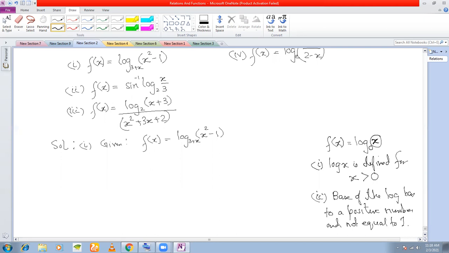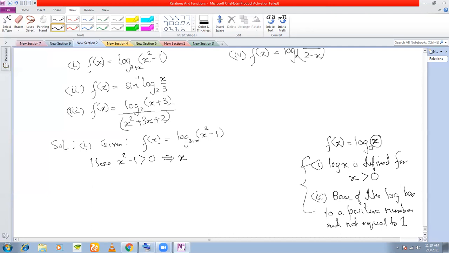If these two restrictions are satisfied, then your log will be defined. You can find the value of log. Now coming back to the problem, we have x square minus 1. First of all, x square minus 1 must be positive according to the first restriction, right?